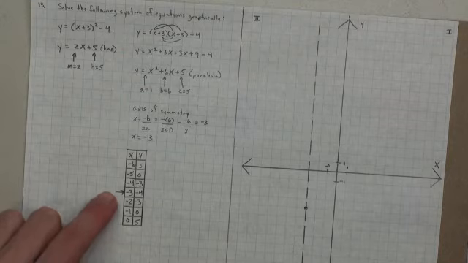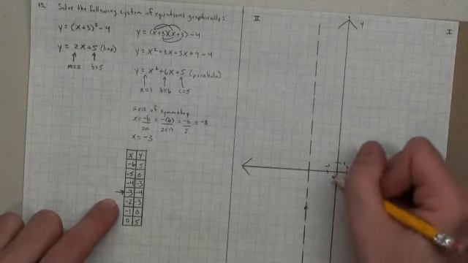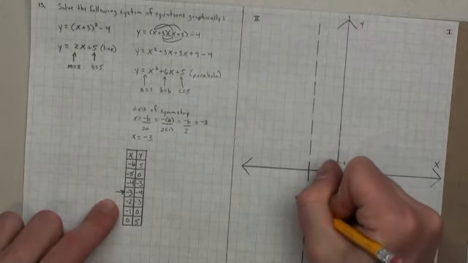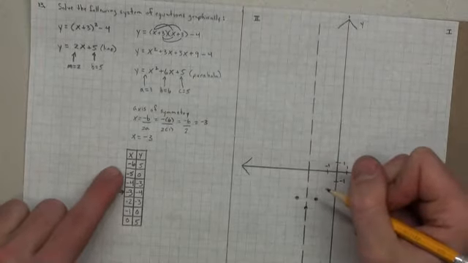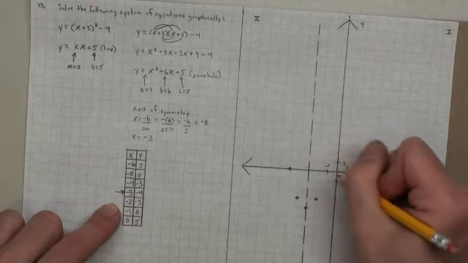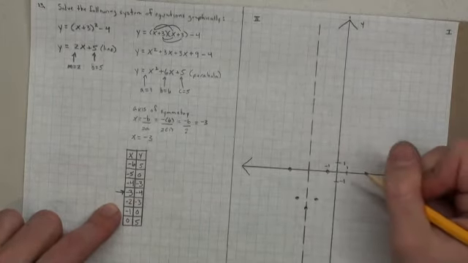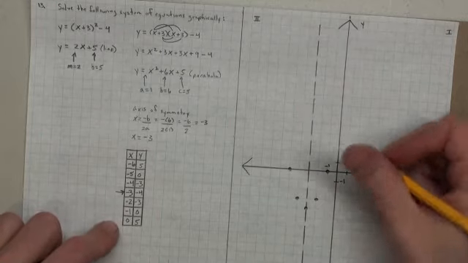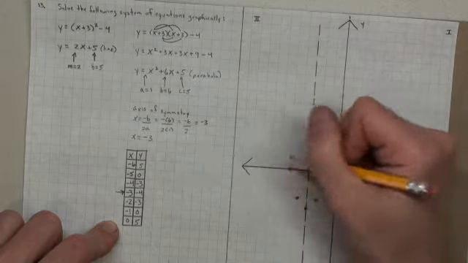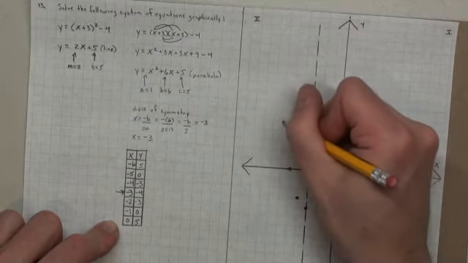So now I'm going to plot negative 4, negative 3, and negative 2, negative 3. Then I'm going to plot negative 5, 0, and negative 1, 0. And then negative 6, 5, and 0, 5.